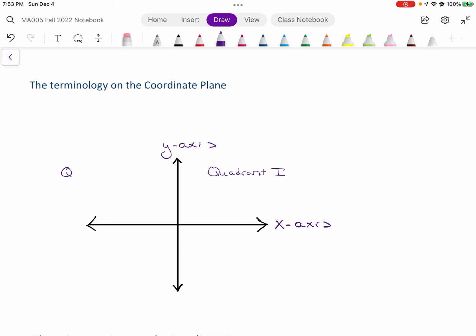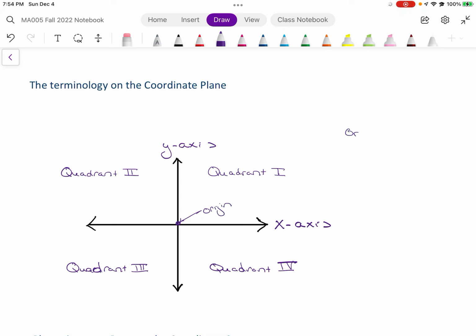This one is called quadrant 2. This one is quadrant 3, and then the last one is quadrant 4. And Roman numeral 4 is an IV, like that. This right here is called the origin, where the 2 cross.